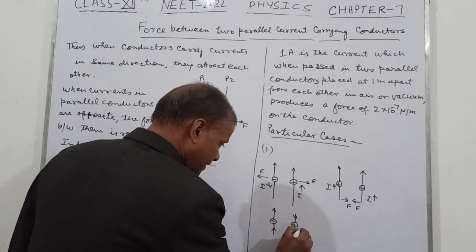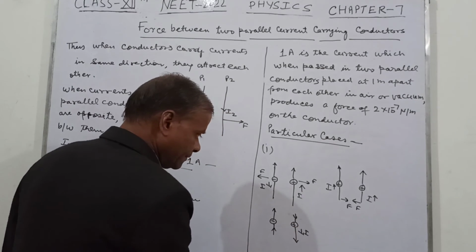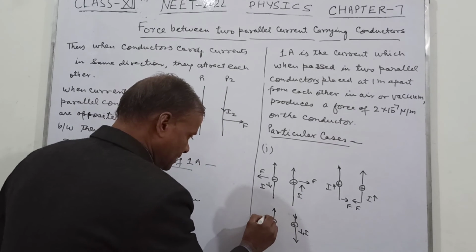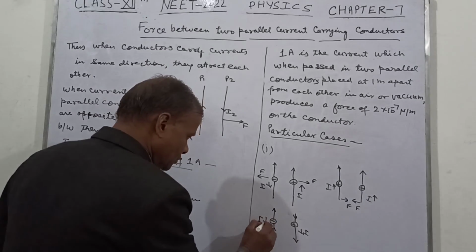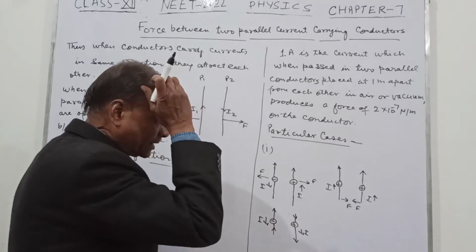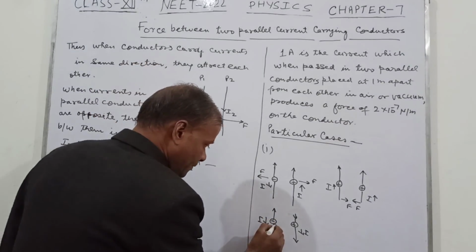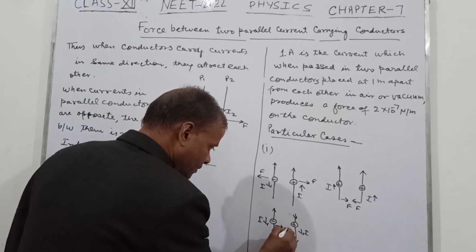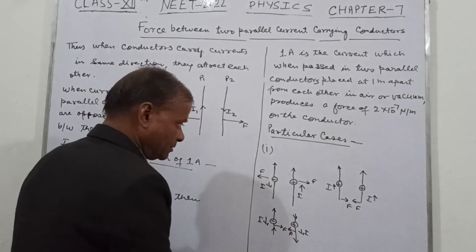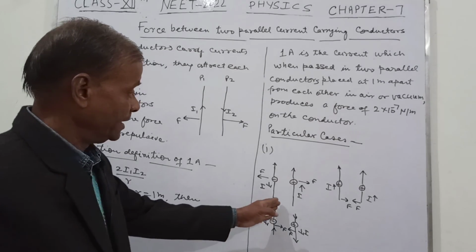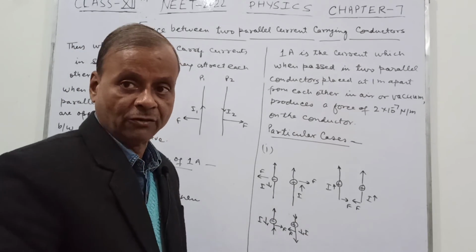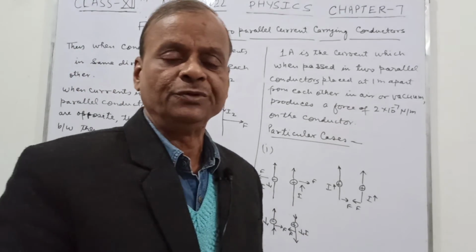Then it will have the current in this direction, I, and this will have the current in this direction, I. So now both the currents are in the same direction. In this way there will be a force of attraction.